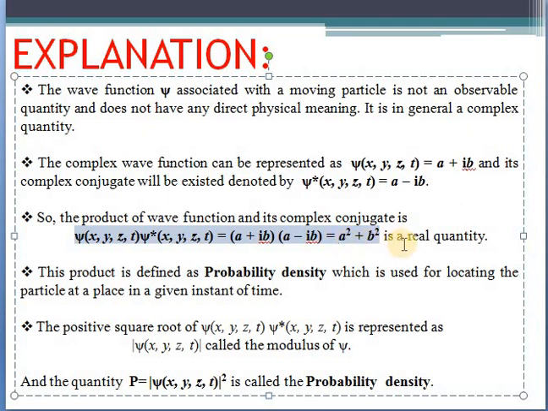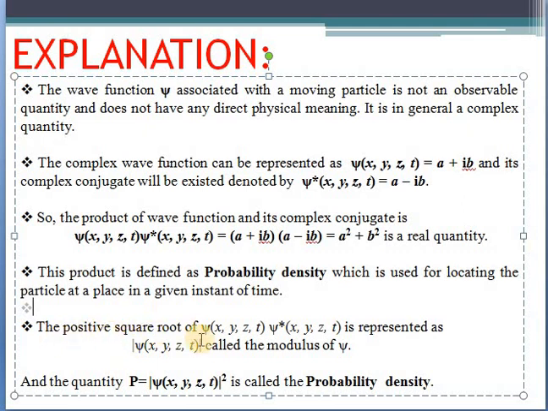Here a square plus b square will give you a real quantity, whereas individually psi, which is a plus ib, or psi star, a minus ib, does not give an exact value. So we cannot directly measure psi, but the product of psi with its complex conjugate, which is defined as probability density, is used for locating the particle at a given instant of time.